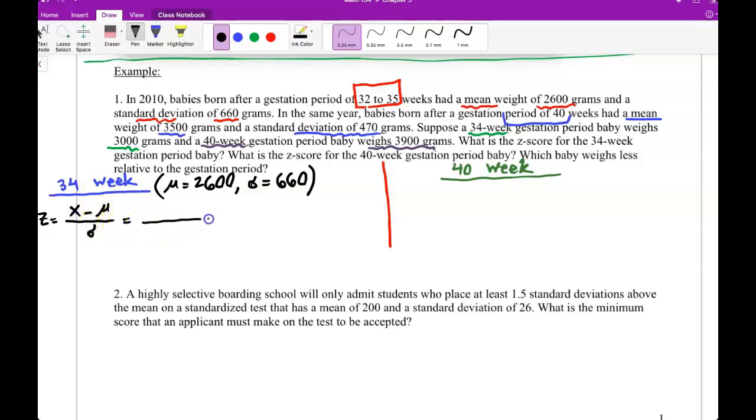For the 34-week period, the baby weighs 3,000, so x is 3,000, minus mu, 2,600, divided by the standard deviation, 660. This is 0.61.